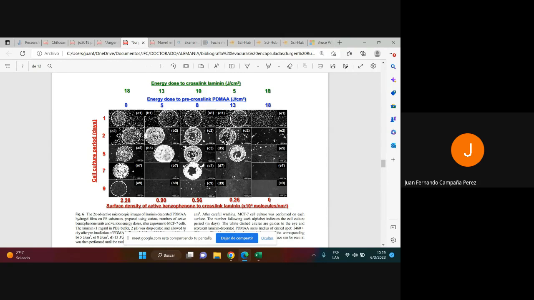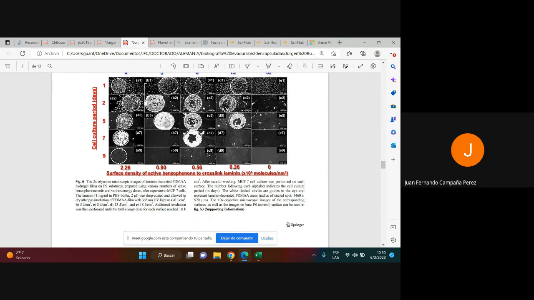And they found that, like I said, at 18 joules per centimeter squared, the growth and proliferation of the cells were efficient.